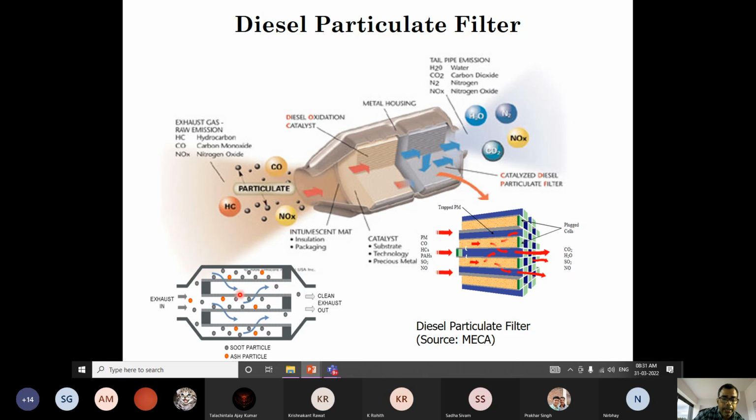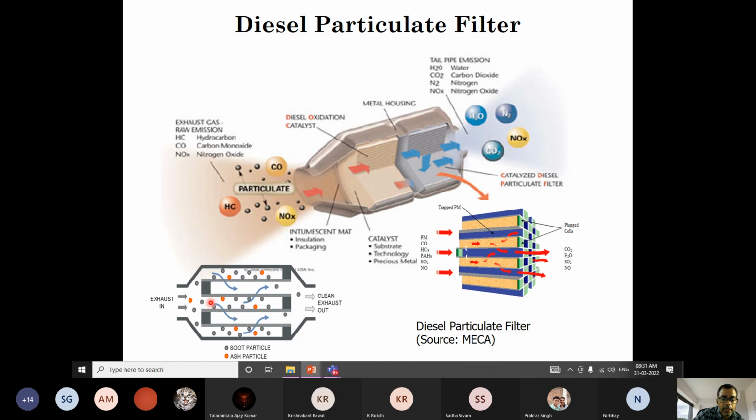Then whatever exhaust is trapped here will be forced to pass through this interface, and it has a porosity. That is our filter. This filter has a porosity, it will allow the gaseous product to pass through this filter and the solid particles will be filtered out itself.